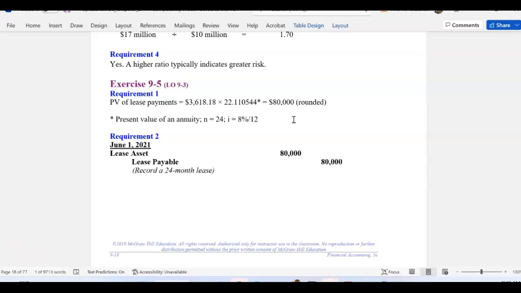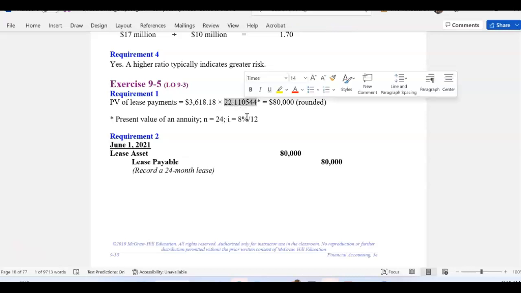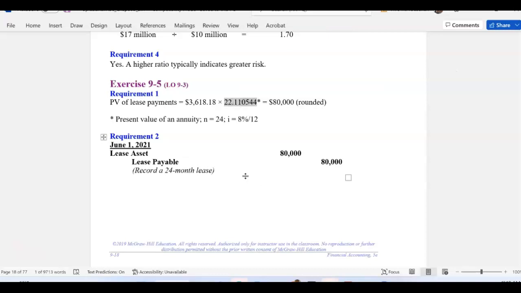Now you might say, okay, where is this 22.11 coming from? In order to do this, you have a few ways to do it, like 3 ways at least. You can use the table, the present value of annuity table. You can use a financial calculator, or you can use Excel.